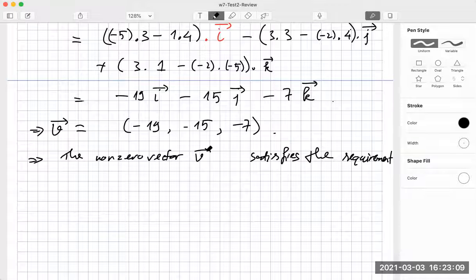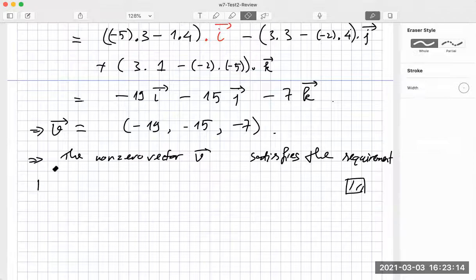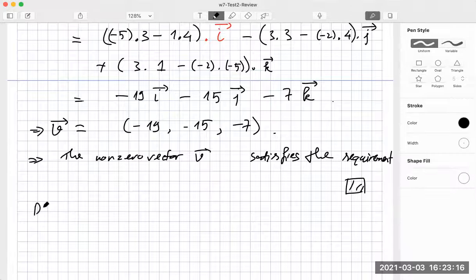We can double check it. You don't have to double check it here in the test, but let us double check it now.